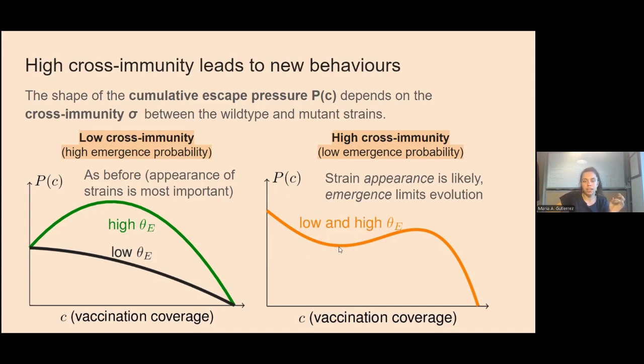And so we have this local minimum at low to intermediate vaccination coverage, and then a local maximum at intermediate to high vaccination coverages. And it's a bit hard to understand why exactly we have this shape. It makes sense that it's going to be different, but it's hard to understand why it's exactly this shape. I have some hypotheses for why it is like that, so if you're interested, feel free to ask me about that later.